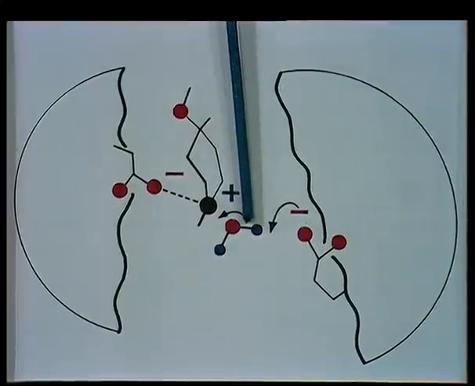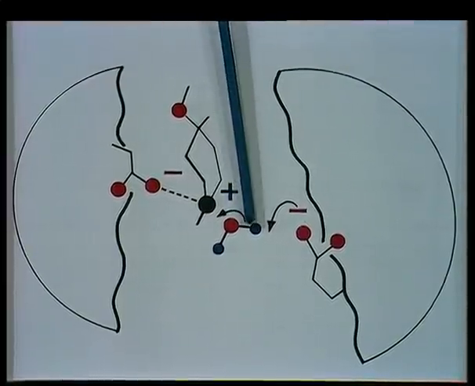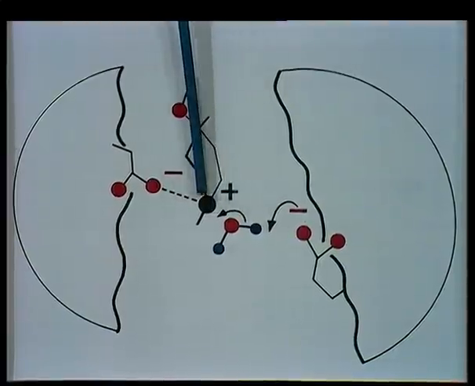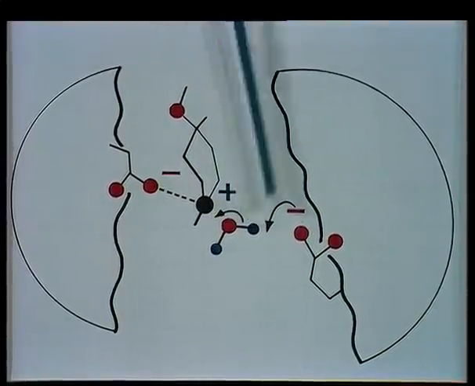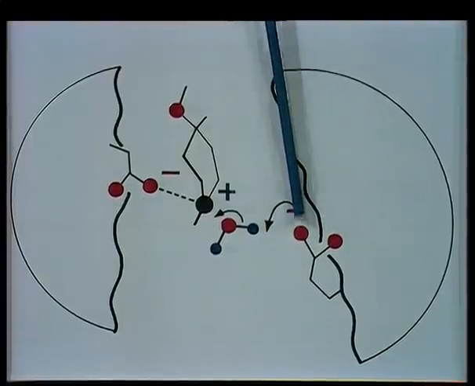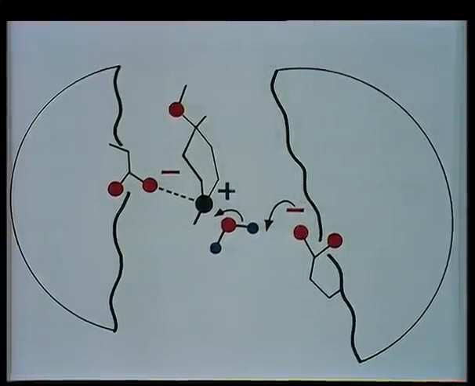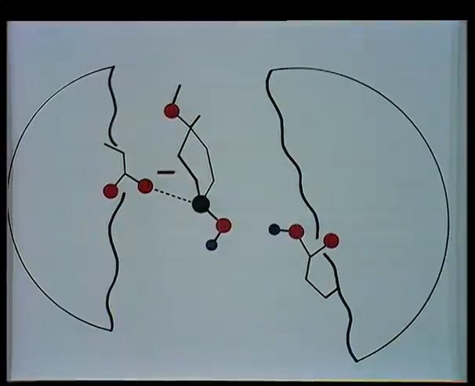Now, the electrons in that bond, they are now wondering where else they might go. So they move round to form a bond here between carbon and oxygen, letting go of this proton. And these electrons come around to form a bond between this oxygen and that hydrogen. So let's see that happen. There we go.